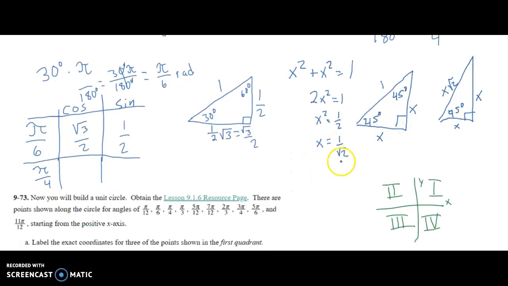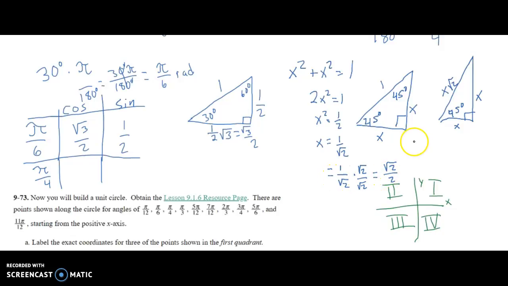Now, oftentimes when you have a radical in the denominator, that is not something that we like to see, and so a lot of math teachers will tell you to rationalize the denominator. So I'll take that 1 over the square root of 2 and I'll multiply it by a fancy 1, and that fancy 1 will be the square root of 2 over the square root of 2, which I can then rewrite as the square root of 2 over 2.